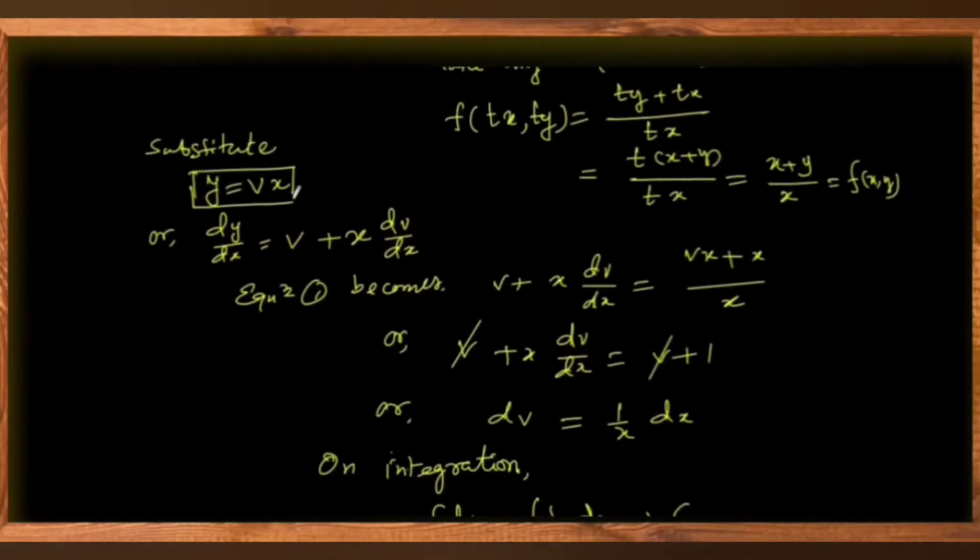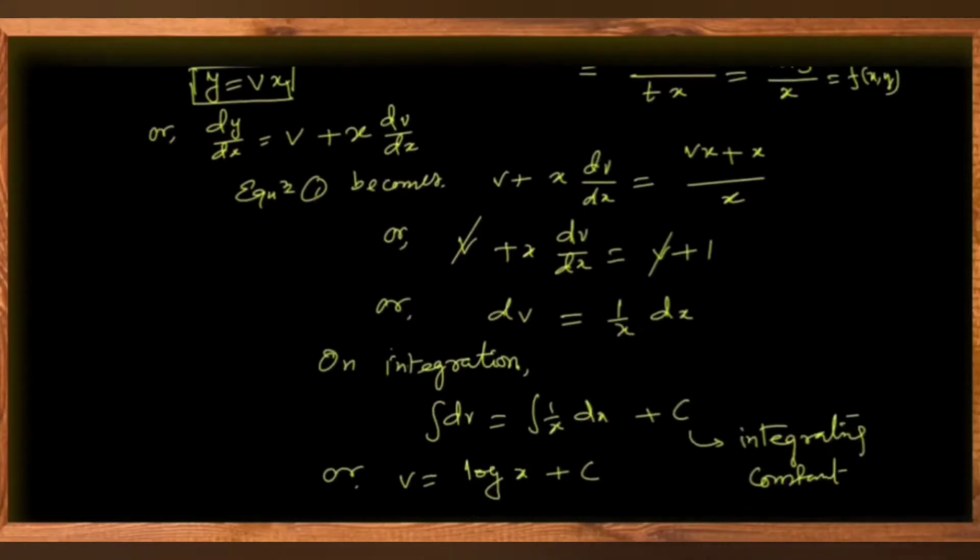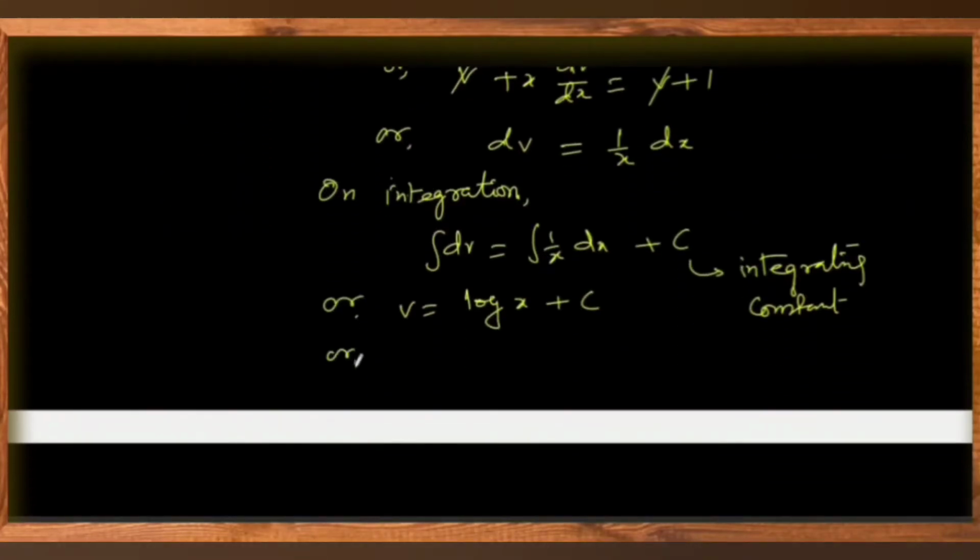So v is nothing but y upon x. So y upon x equals log x plus c, or y is nothing but x log x plus cx, which is the solution of equation 1.